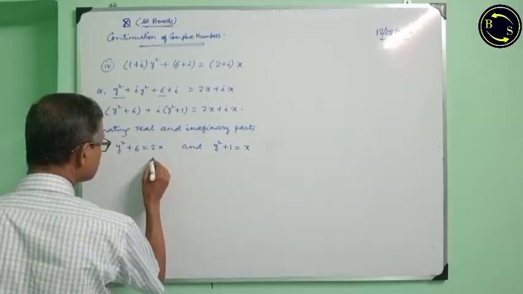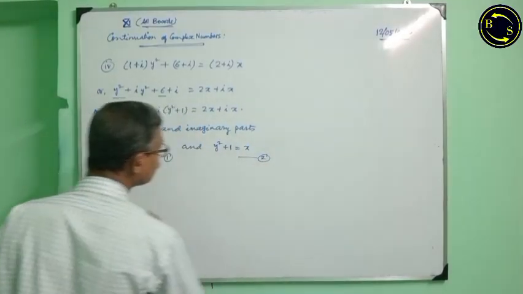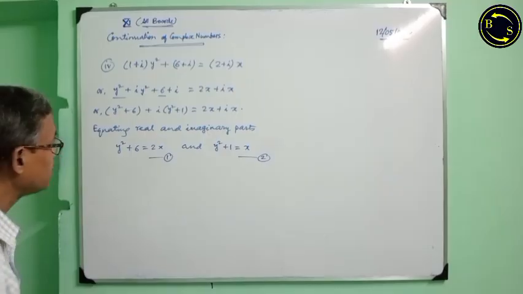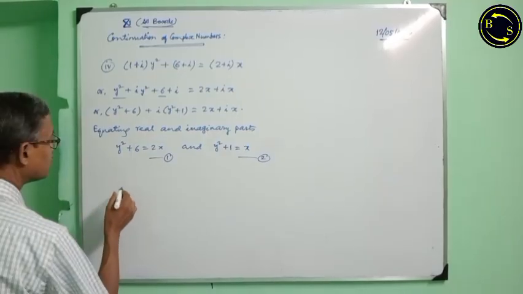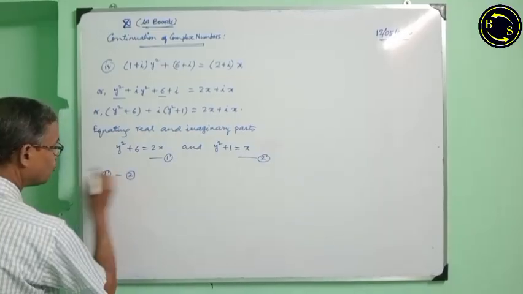Now I call this number 1, this one number 2. We have to solve for x and y. I use this technique, 1 minus 2.